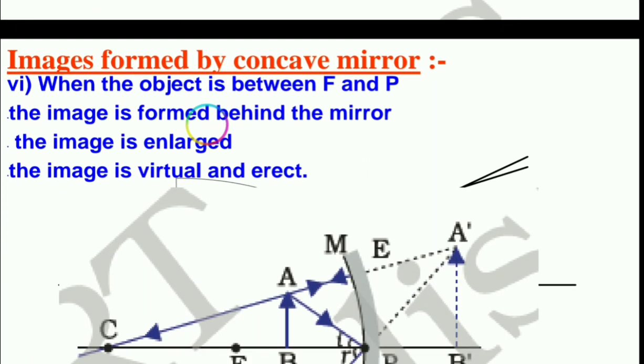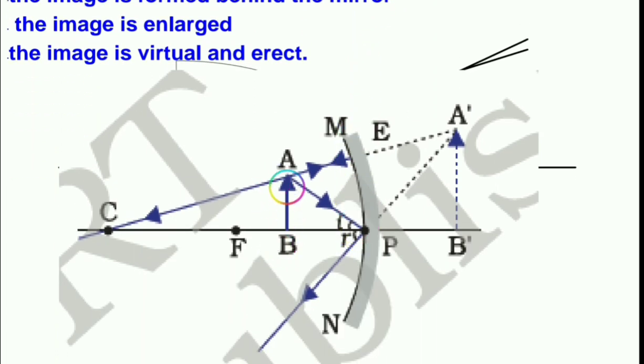Next, this point is a contradiction to the concave mirror. The contradiction is when the object is between P and F. First rule, it follows the laws of reflection. Second, it passes through the center of curvature.